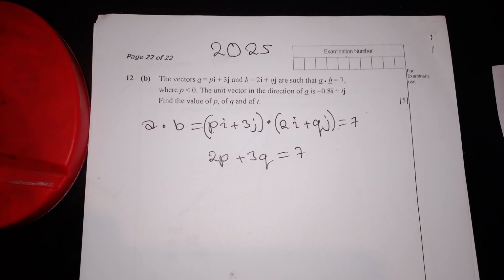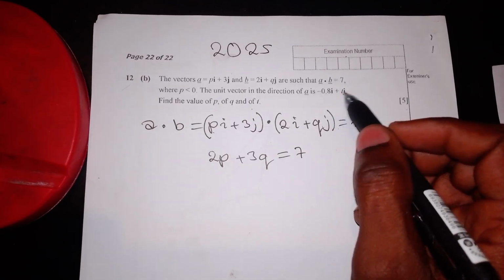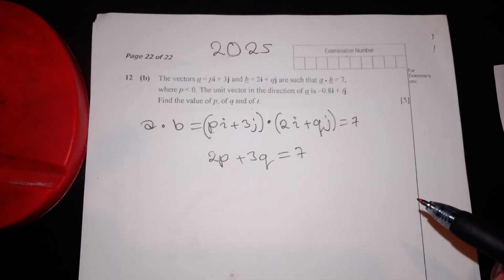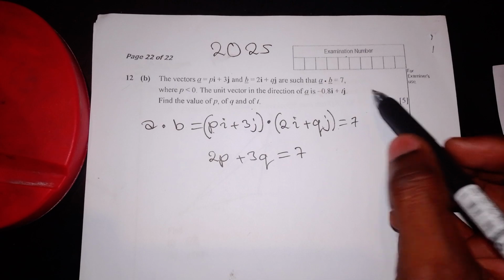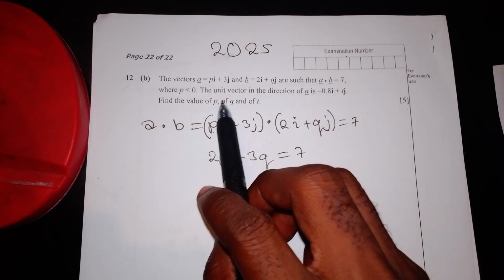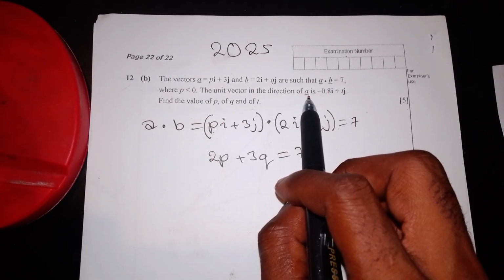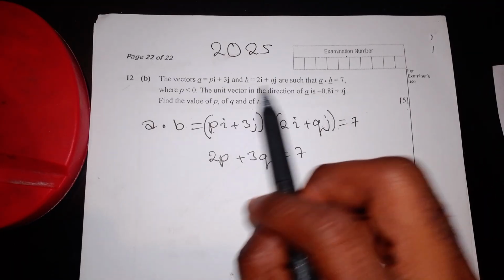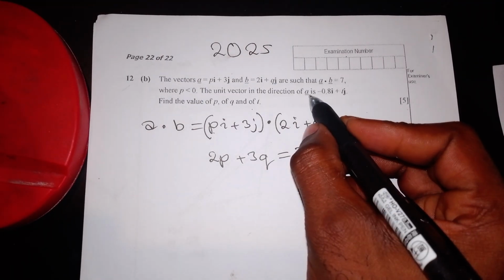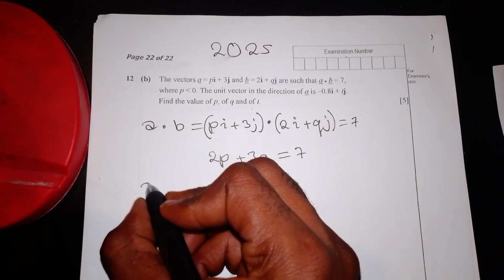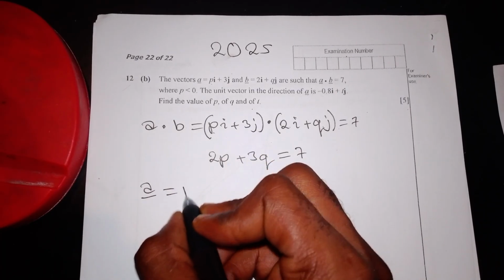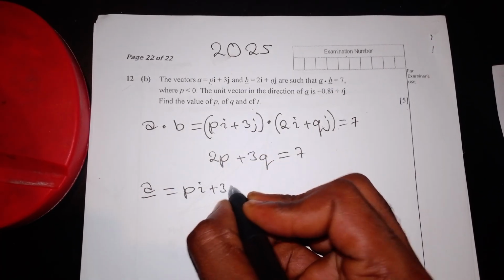And then to find your other equations, you can use this information here. Using the second statement, which says the unit vector in the direction of a is this, we know that a is equal to pi plus 3j.